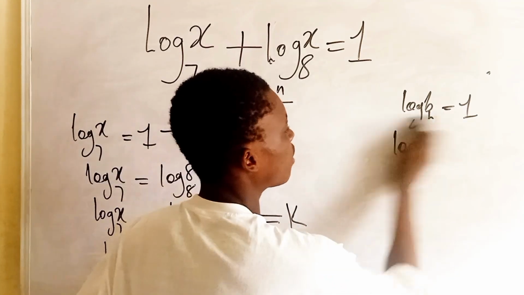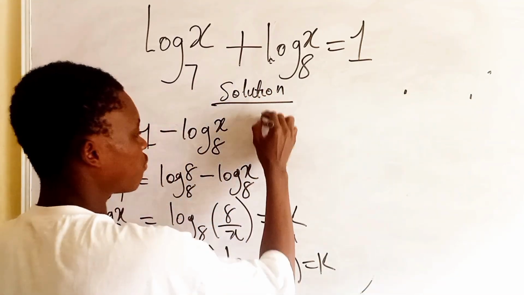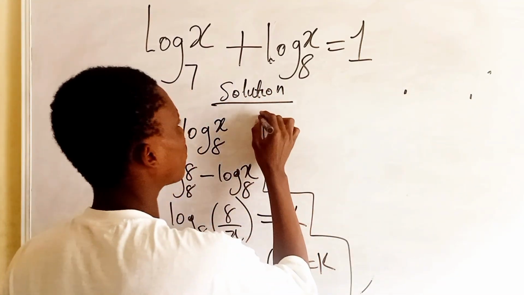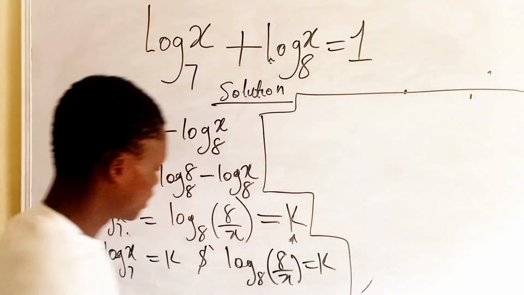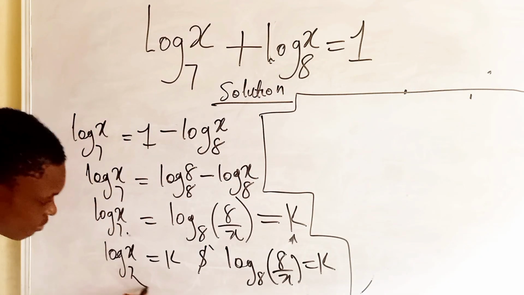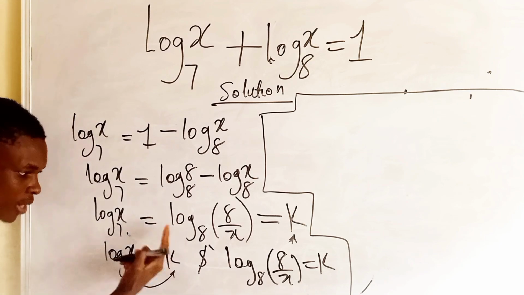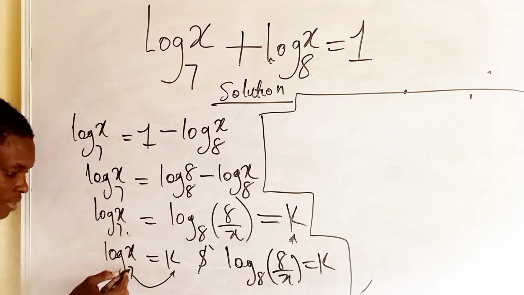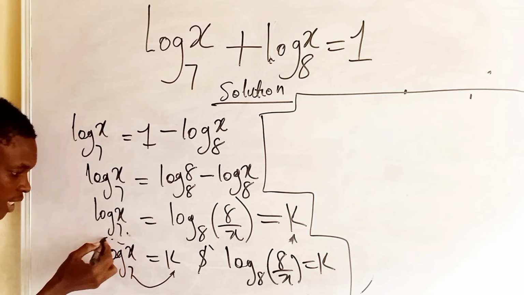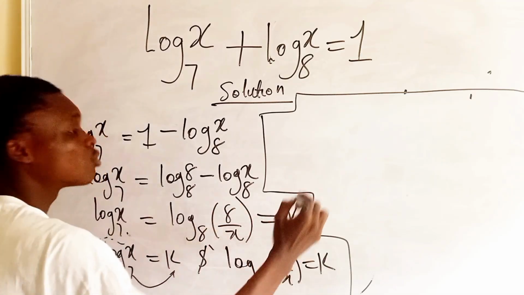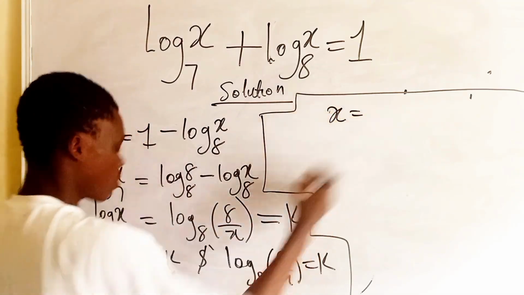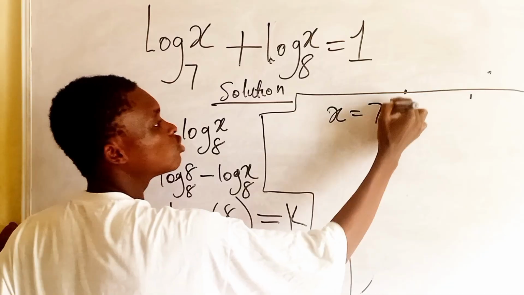So from here we will obey the law of logarithm. A log of a number x to a certain base is the power to which the base must be raised to obtain this number. That means this 7 is coming here and k goes backward. So we have x equals 7 to power k.